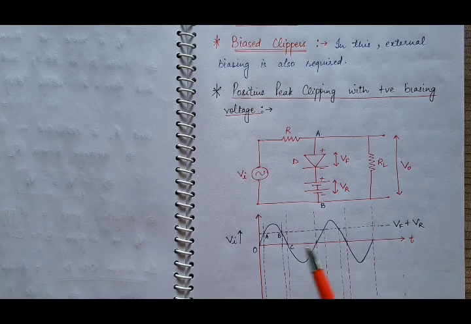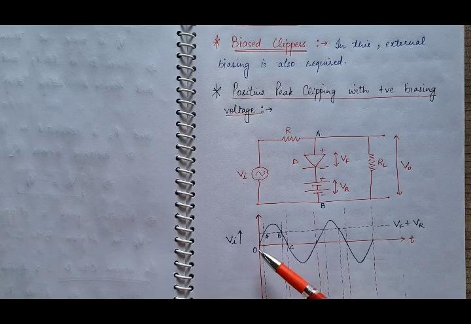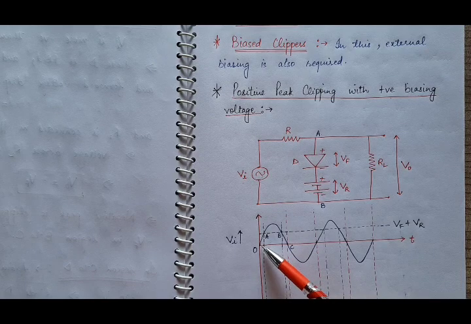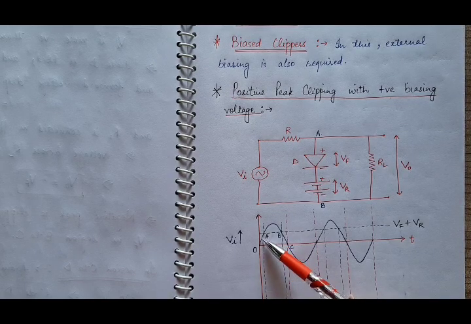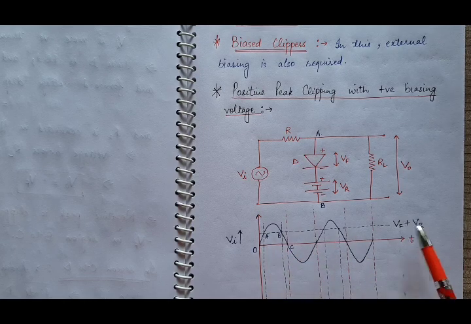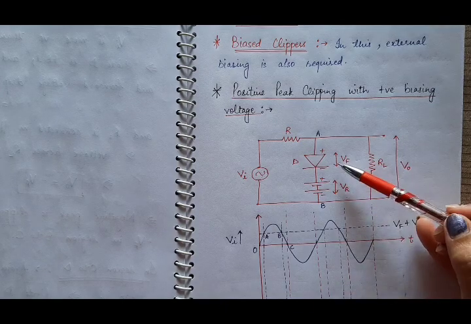So now see, in region OA, during the positive half cycle of AC input, our input voltage Vi varies from O to A. It means in this region our Vi is less than Vf plus VR. And what is this Vf plus VR?